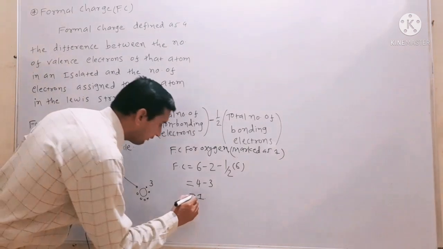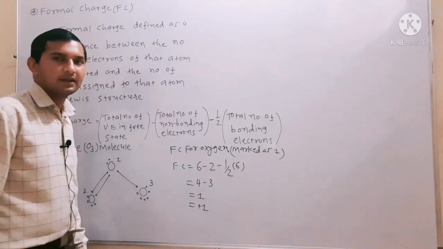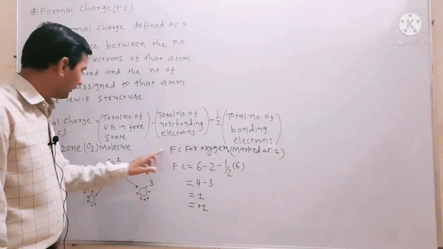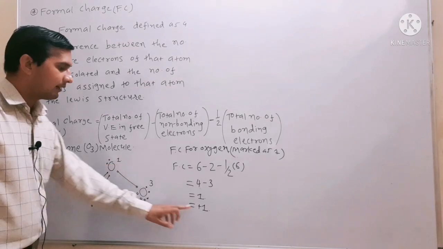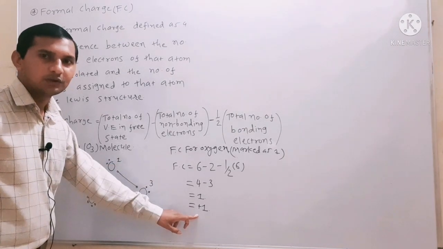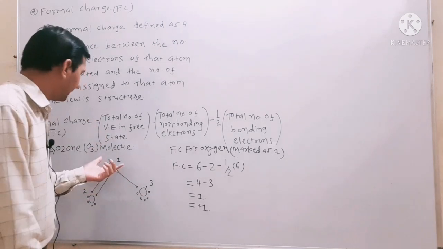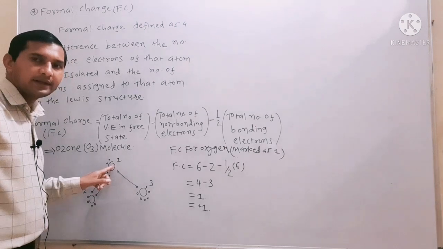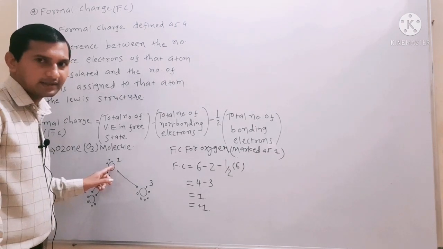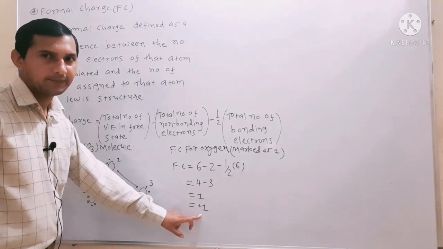We can also write it as plus 1. So the formal charge for the central oxygen marked as 1 is plus 1. The formal charge is the difference between the valence electrons in free state and the number of electrons present in the given Lewis structure, so it acquires plus 1 charge according to this theory.